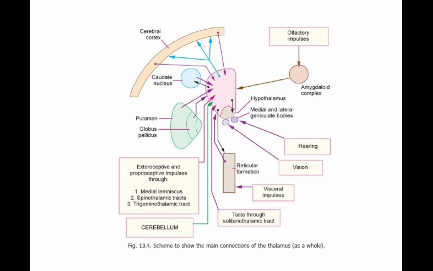Vision has to go to vision city, hearing has to go to another, like that. It also talks to the movement centers and emotion centers to coordinate everything. So except smell, everything else has to relay here in the thalamus. Okay.